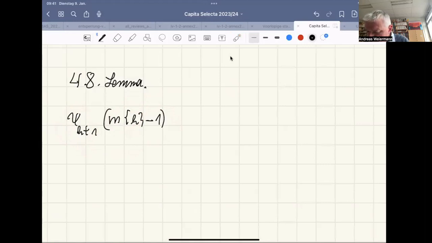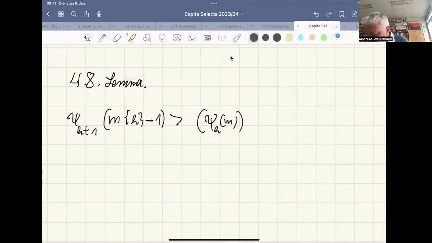So we know this number here is bigger than psi_k of m. But it's also somehow restricted in decrease. If you take that number, psi_k of m is bigger than this number.